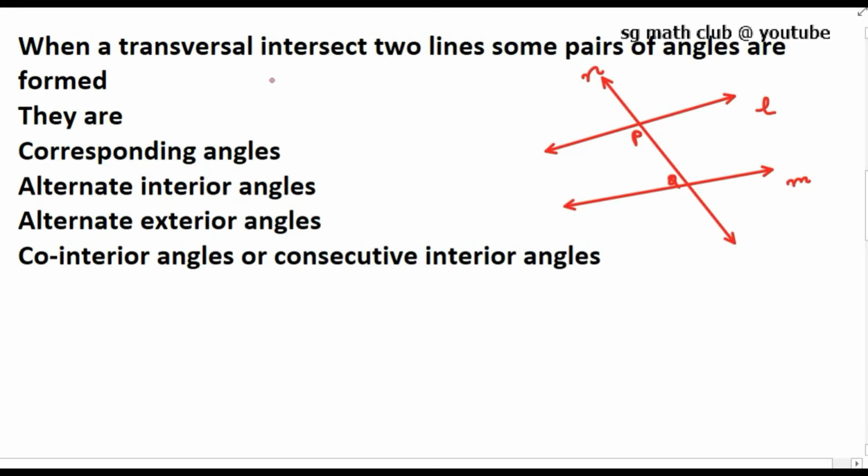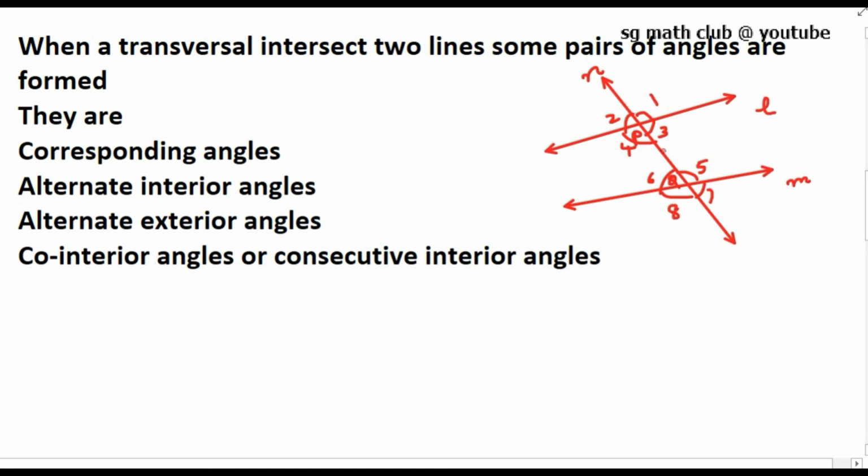So when a transversal intersects two lines, here the transversal is N, and L and M are the two lines intersected by the transversal. You can see the transversal N intersects at two different points P and Q. When a transversal intersects two lines, some pairs of angles are formed. We can have 8 angles here: this is the first angle, second, third, fourth, fifth, sixth, seventh, and eighth angle.